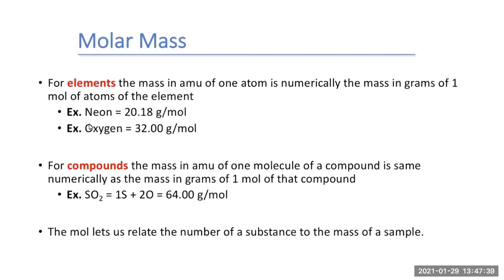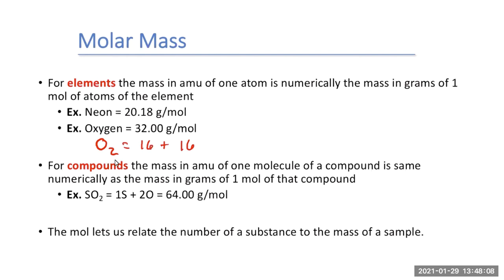And then if we look at oxygen, you may be looking at your periodic table and saying, hey, it's 16. Why is she writing 32? Remember, oxygen is one of our diatomic elements. So when oxygen is in its elemental form, it's actually O2. So that means I'd have 16 plus 16. That's how we get the 32 grams per mole. We have to add the mass of each oxygen together.